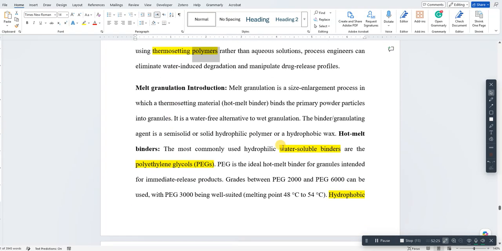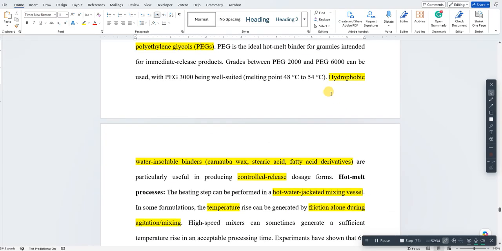For example, we can use a water soluble binder if we want immediate release, such as PEGs, or hydrophobic binders such as carnauba wax, stearic acid, and other fatty acid derivatives if we want a more controlled release or slow release preparation.